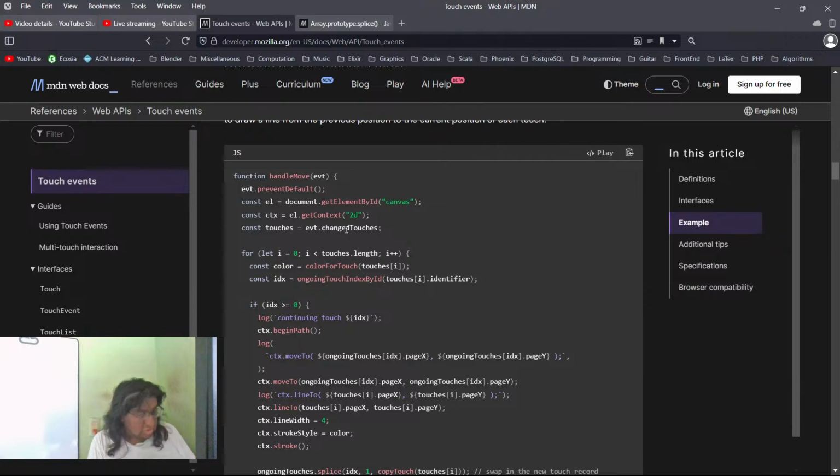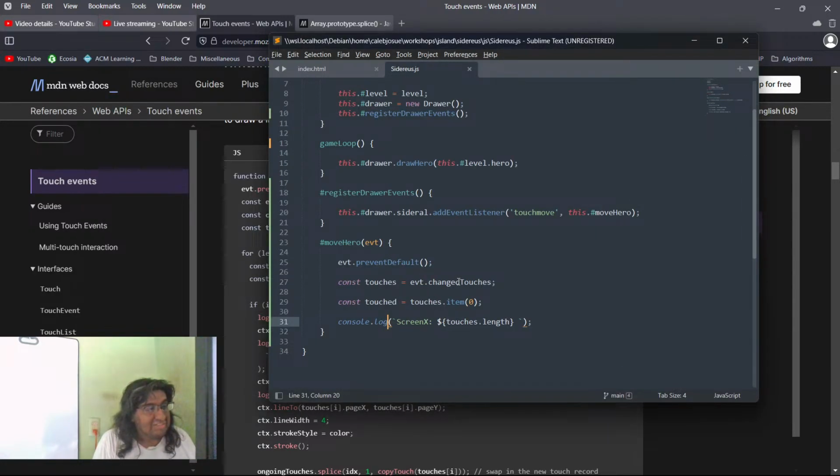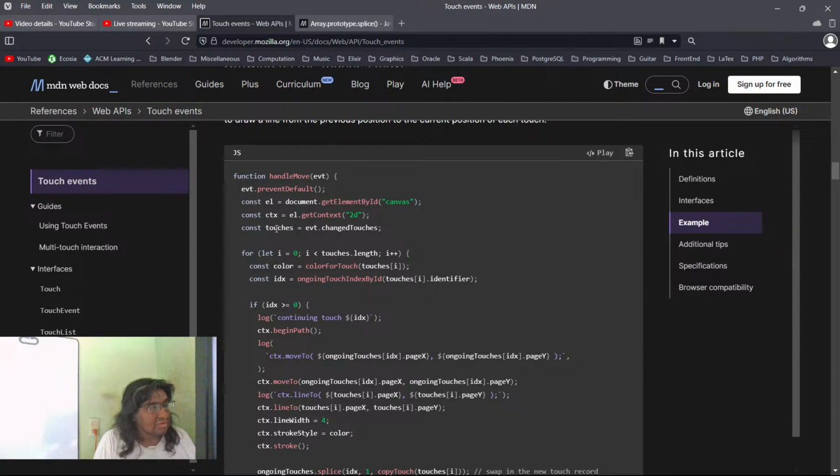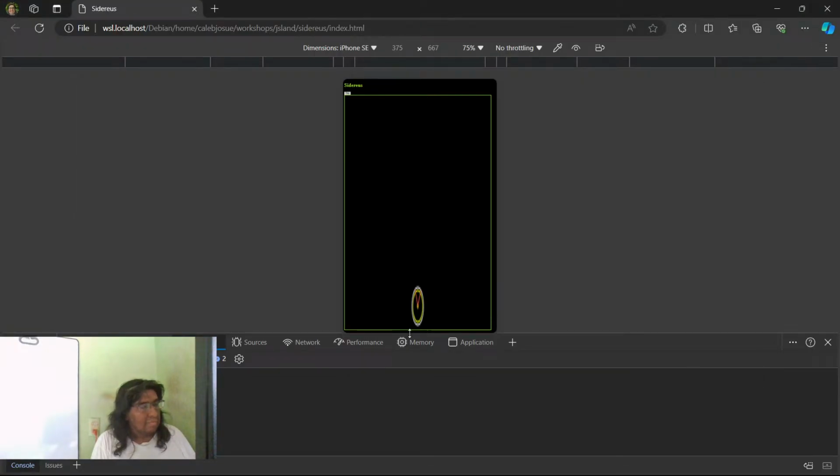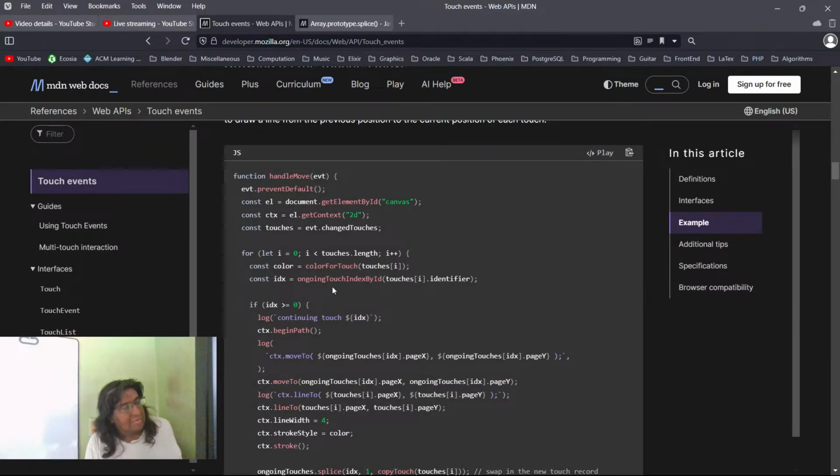Change touch. Okay, we have change touch. Well, I don't understand. There is only one in my case. Touches length, you are seeing only one. So, is this how? What's that?